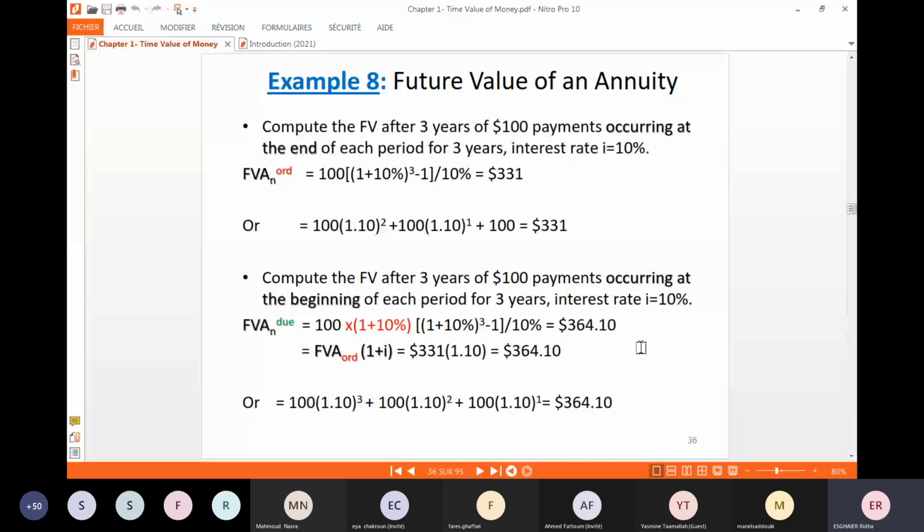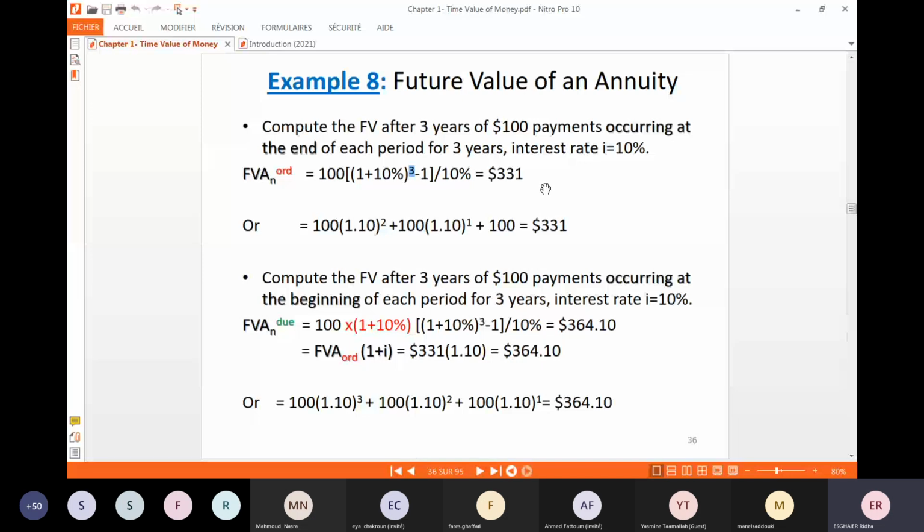The future value of an ordinary annuity is A times 1 plus I power the number of A's, here 3, minus 1, over I. You will get 331.